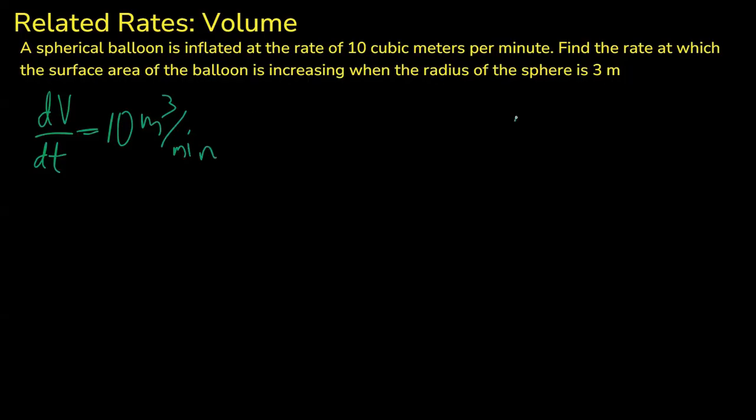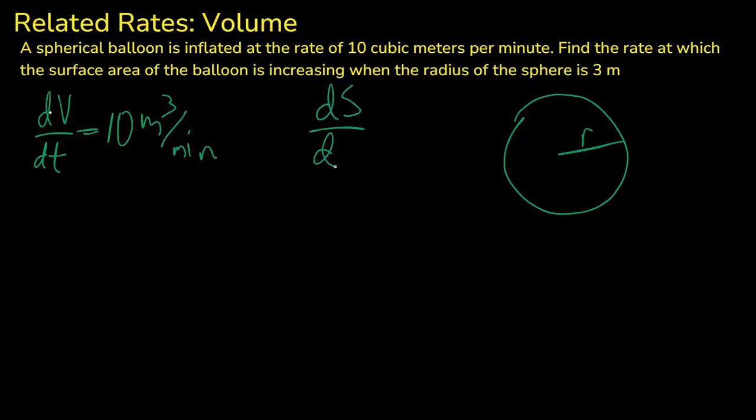And we know we're dealing with a spherical balloon, so I'm going to draw a circle and label the radius right there. We want to find the rate at which the surface area of the balloon is increasing. So that's going to be dS/dt, where S stands for the surface area, when the radius is 3. So we know the rate of change of the volume, and we want the rate of change of the surface area.